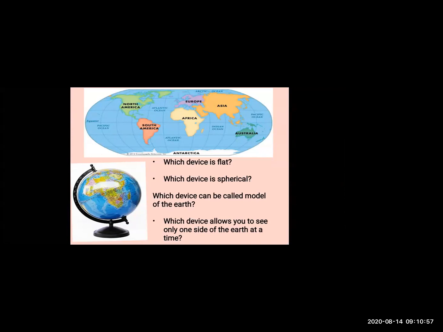It is a world map, and this map shows us the 7 continents and 5 oceans. Next, see the figure shown here, that is a globe. I think you have seen this in your school. While studying geography, these two things are very important.